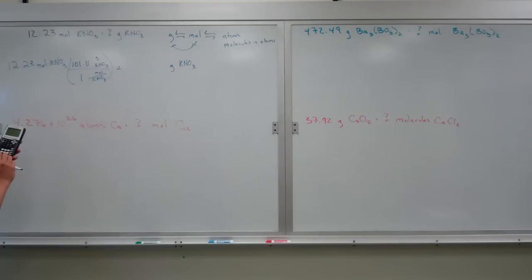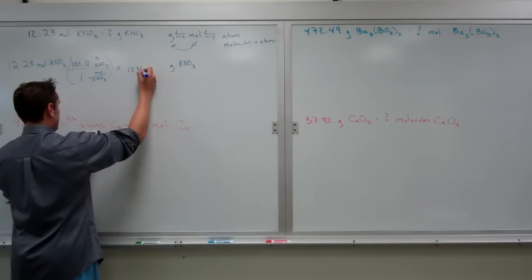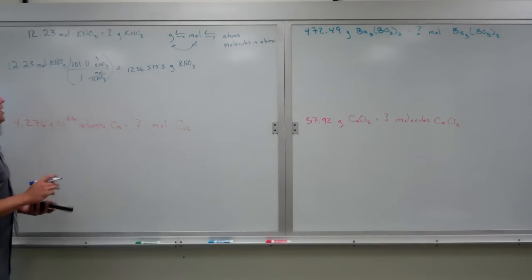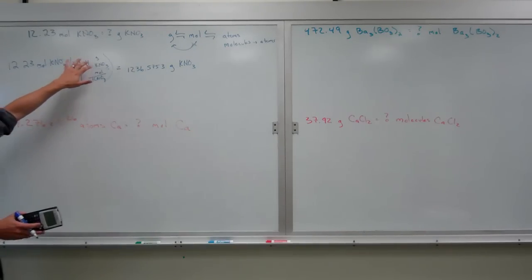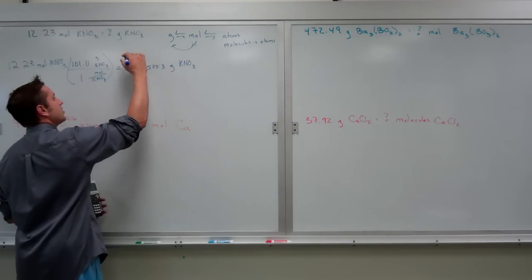I do my math, which will be 12.23 times 101.11. My calculator says 1236.5753. Now we have to watch our sig figs. 12.23 has 4, 101.11 has 5. I get 4 in my answer. So, does a 1 count?